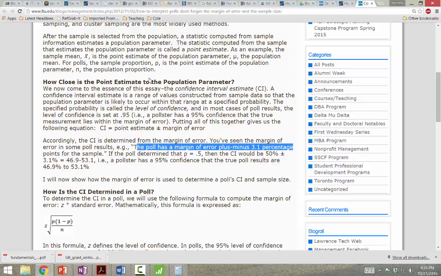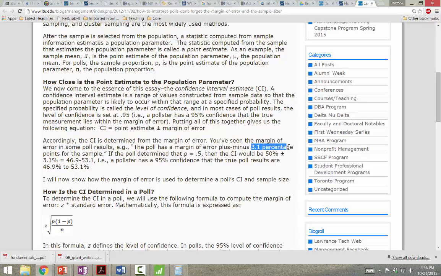So let's say for demonstration purposes that we have a margin of error of 3.1, and the poll determined that the probability was 0.5, so 50%. Then the confidence interval would be 50% plus or minus 3.1, right? 3.1 percentage points is 3.1%.